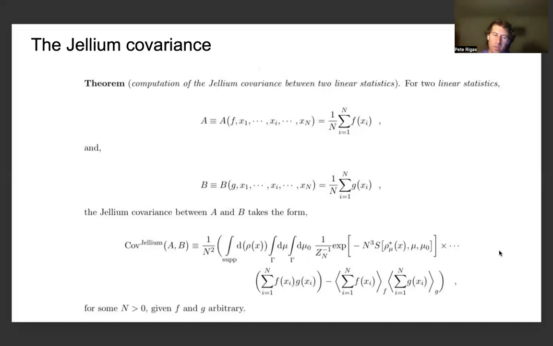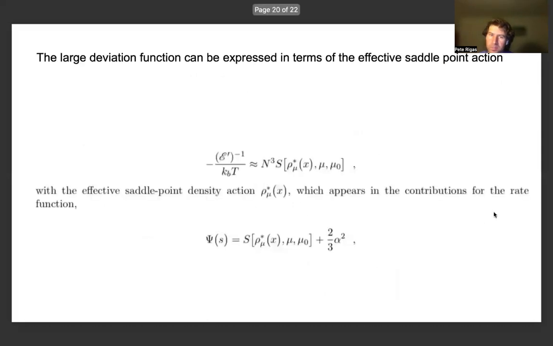And n is a strictly positive parameter, and f and g are arbitrary functions over the real line.